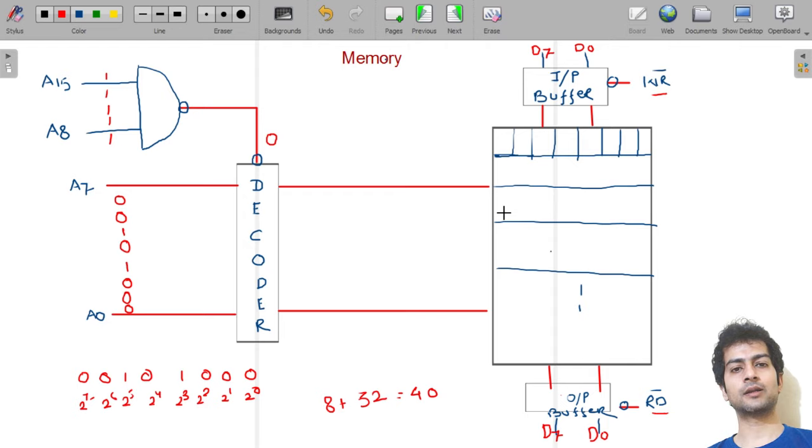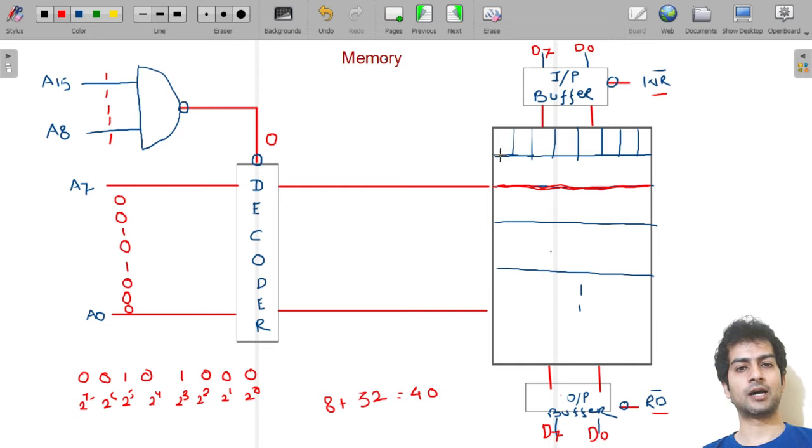That is, the 40th register will get activated or selected, and from there we can either read or write data depending on what control signal is available to us.